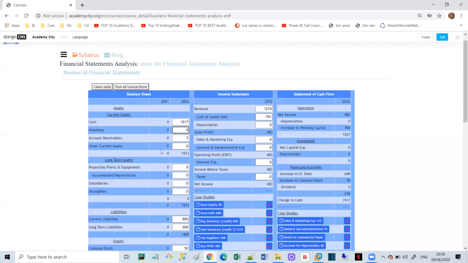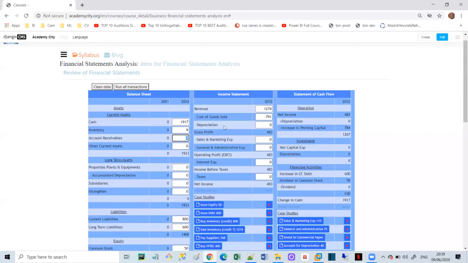Another thing is we have a new account here. It says accounts receivable. What does that mean? I sold that inventory to customers for $12.74, but I didn't collect the whole amount. I didn't collect the whole $12.74. 7 million, they are still out there, people will pay me probably next year.